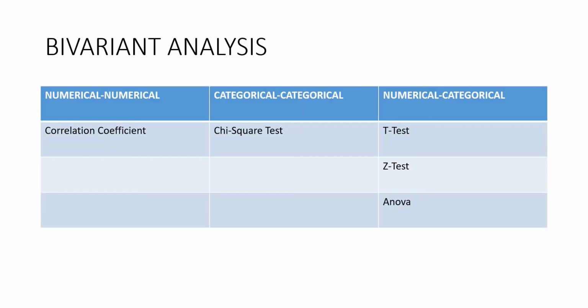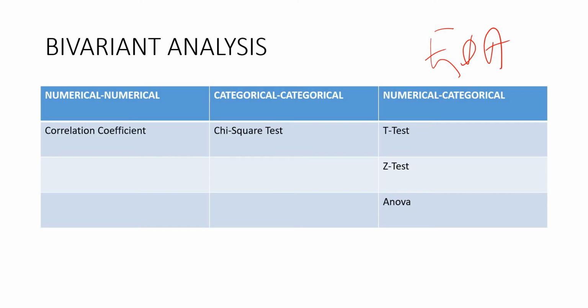So this is a practical example for one-way ANOVA test. I am giving an introduction to exploratory data analysis before that, because this is a very nice table. EDA, exploratory data analysis, is of three types: univariate, bivariate, and multivariate. In bivariate, variables are of two types, numerical and categorical.